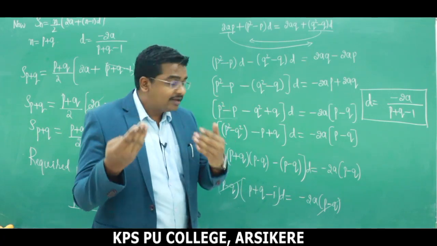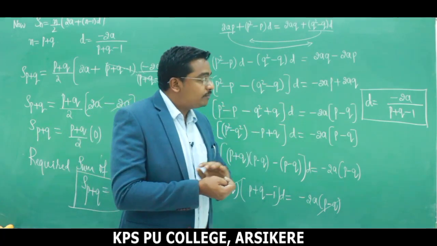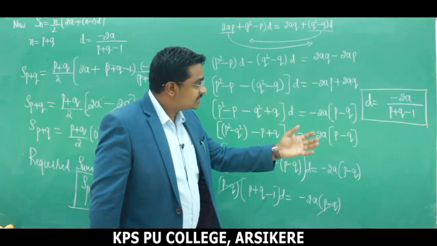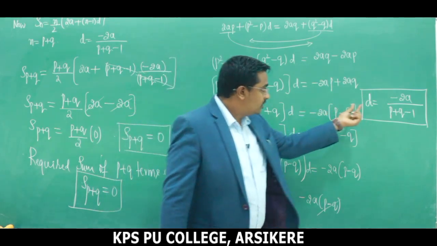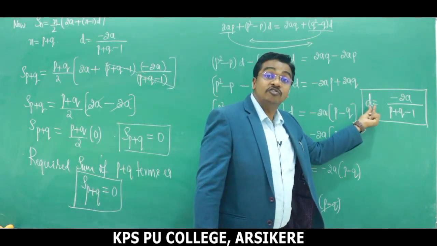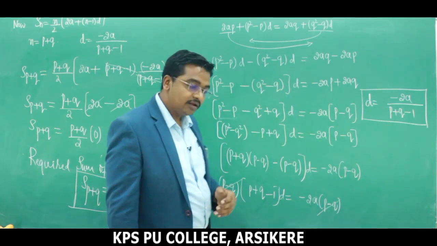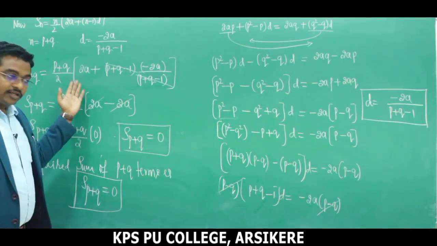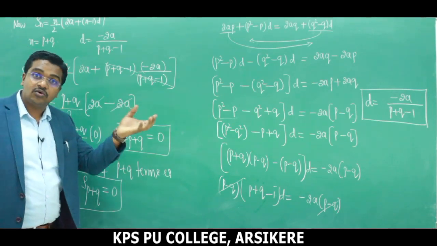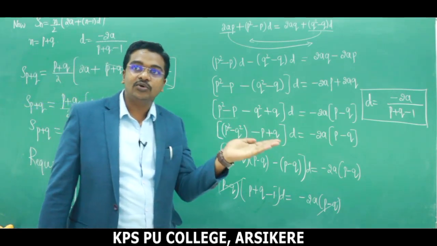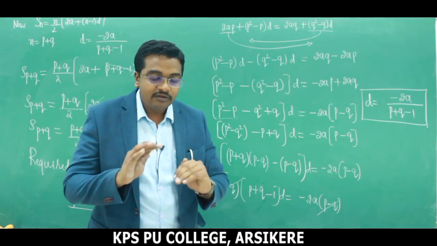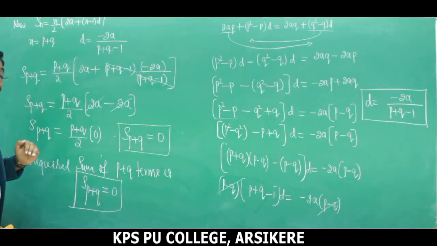Either D is equal to minus 2A divided by P plus Q minus 1, or you can take this as A is equal to, by cross multiplication, D times P plus Q minus 1 divided by minus 2. Clear? You can replace this term. In both cases, either take A in terms of D or D in terms of A, we obtain the sum of the first P plus Q terms as 0.